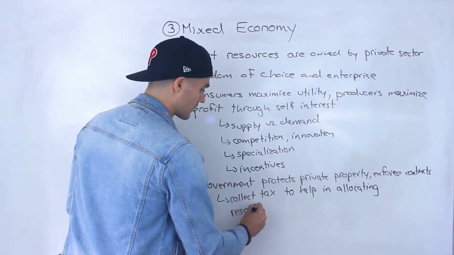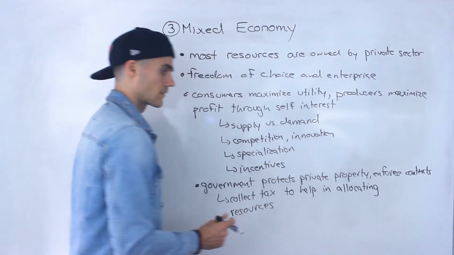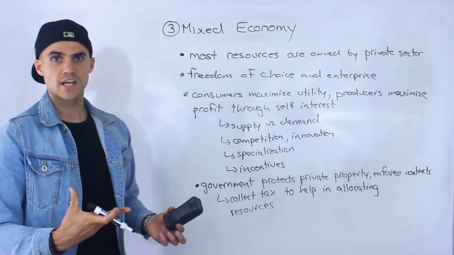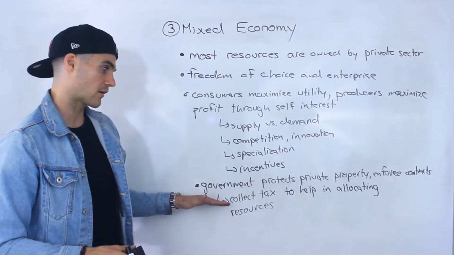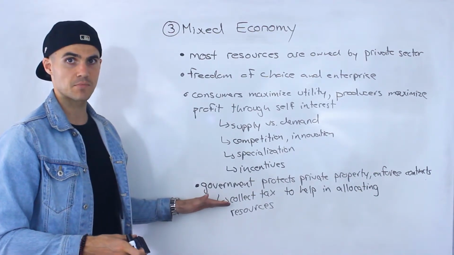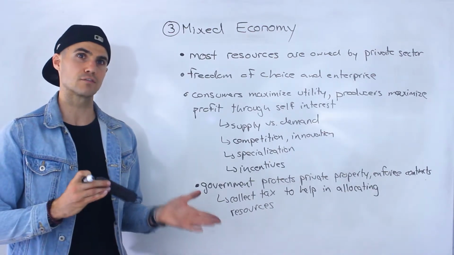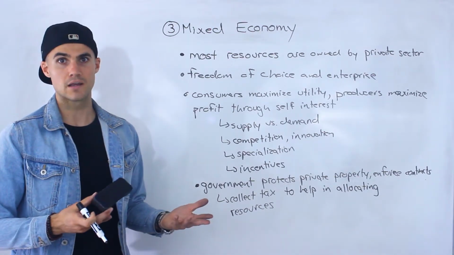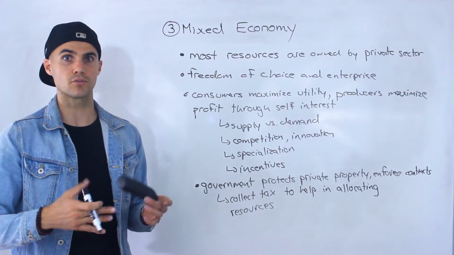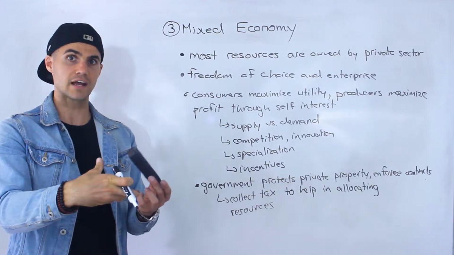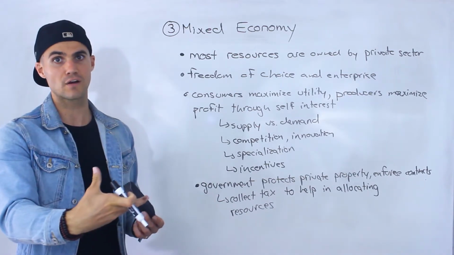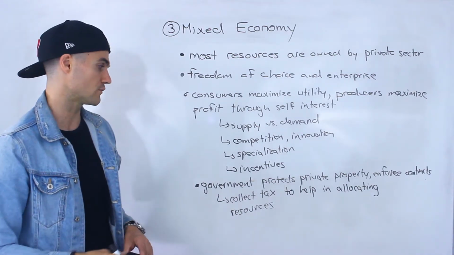So if there's a fire, if someone's house catches fire, it's going to be put out. It's going to be taken care of with that tax money versus, as we explained in a free market, that might not happen because no one's forced to buy anything, and the people that are living in a house that catches fire, if they didn't buy any fire insurance, well then who's going to put out the fire, right?